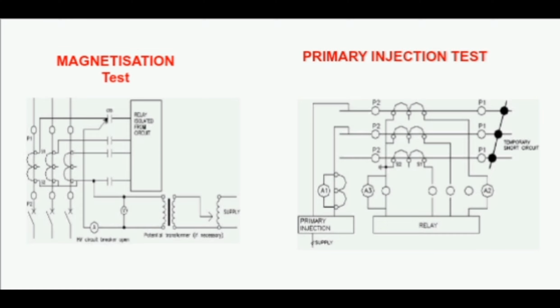Okay, then how about the primary injection test? This test is to ensure that CT circuits are properly connected with the respective cores and there is no mix-up in the circuit. This is phase identification. The circuit connection shall be made as you can see in the photos on your screen.